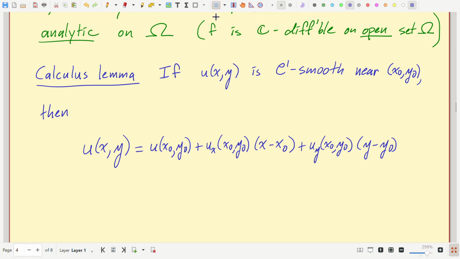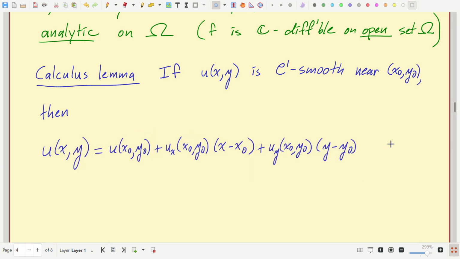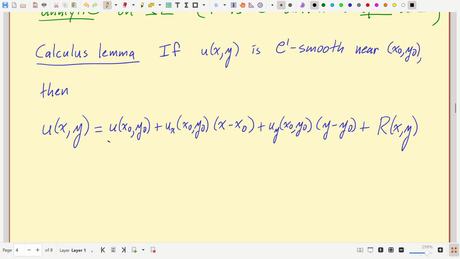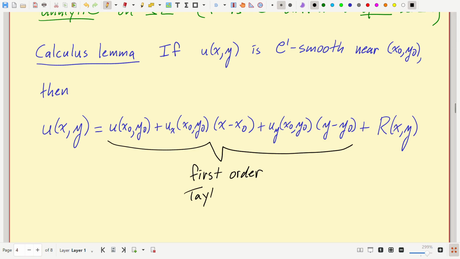Let me move this over so I can fit something in here. Then this would be a remainder term. So I'm approximating u by its first-order Taylor polynomial plus a remainder. This is the first-order Taylor polynomial, and that's the remainder.